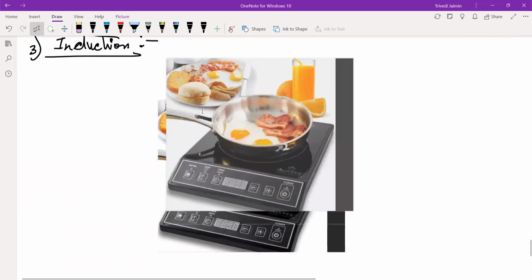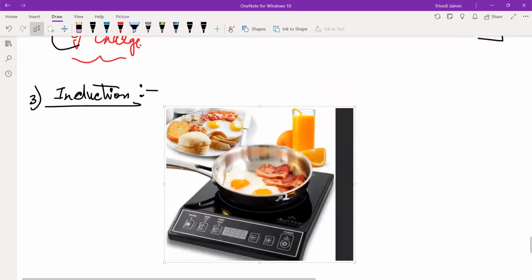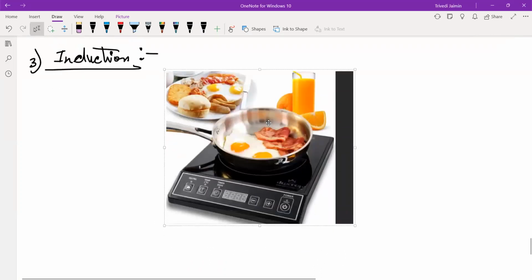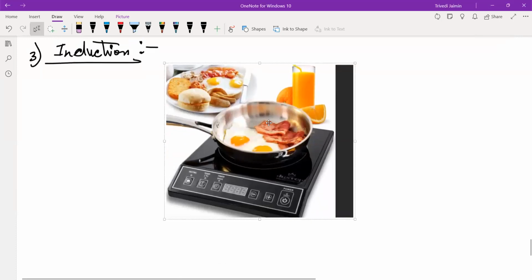Now, when you see this, something they are preparing. This is just for holding, but that induction coil inside, is it actually touching this vessel?